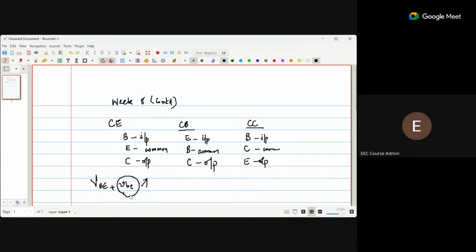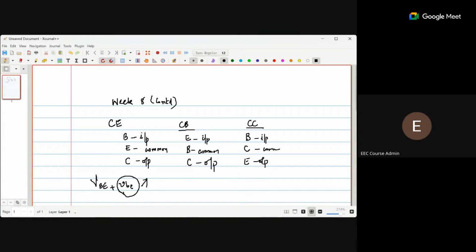So you will have a DC component at the output as well, but we are concerned only with the amplified version of the signal. No DC components needed, although the DC values are required for setting the transistor in the forward active region.